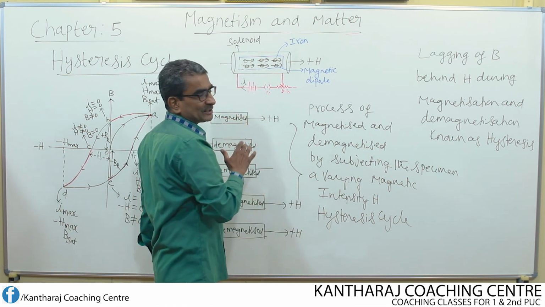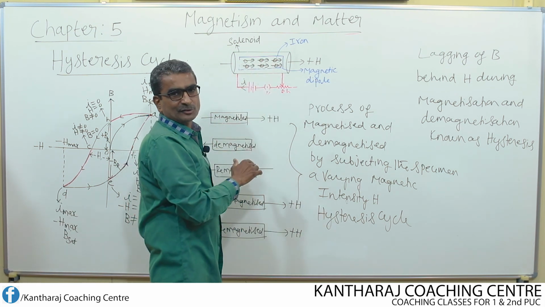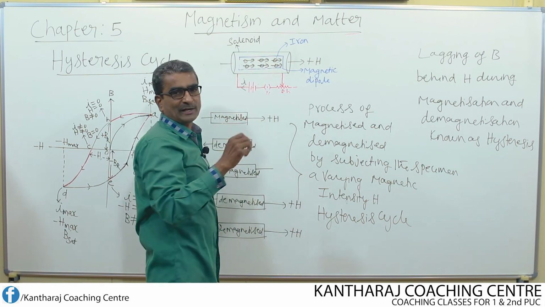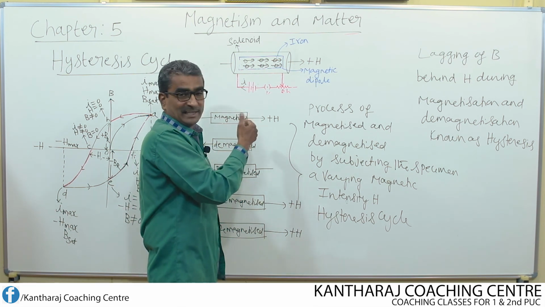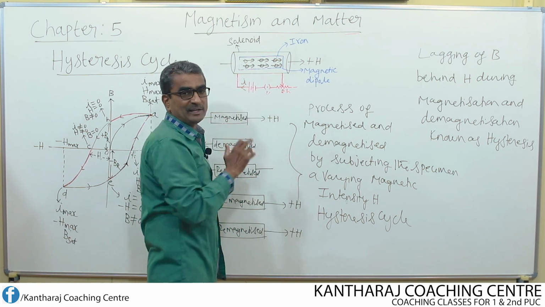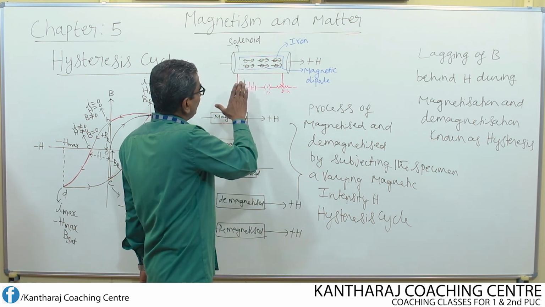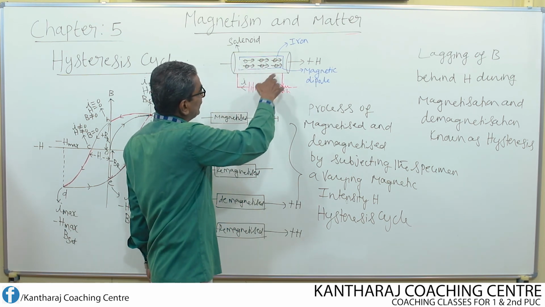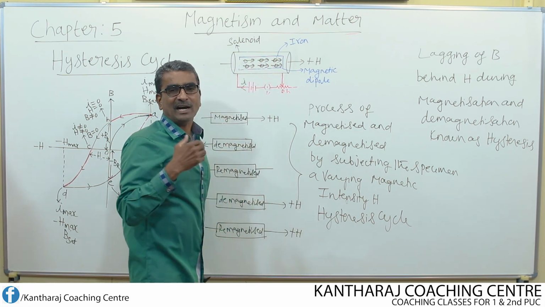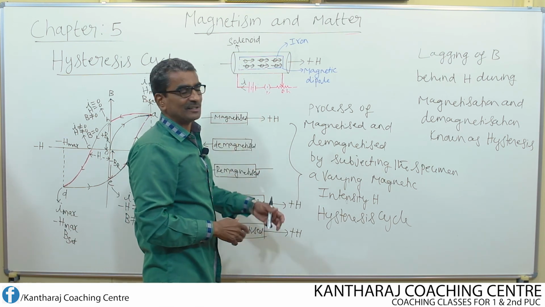So during this process there will be molecular motion inside the material, and due to the molecular motion heat is produced, and that loss of electric energy in the form of heat cannot be recovered. Therefore, the amount of electric energy that is lost in the form of heat during the process of magnetization and demagnetization is known as hysteresis loss.